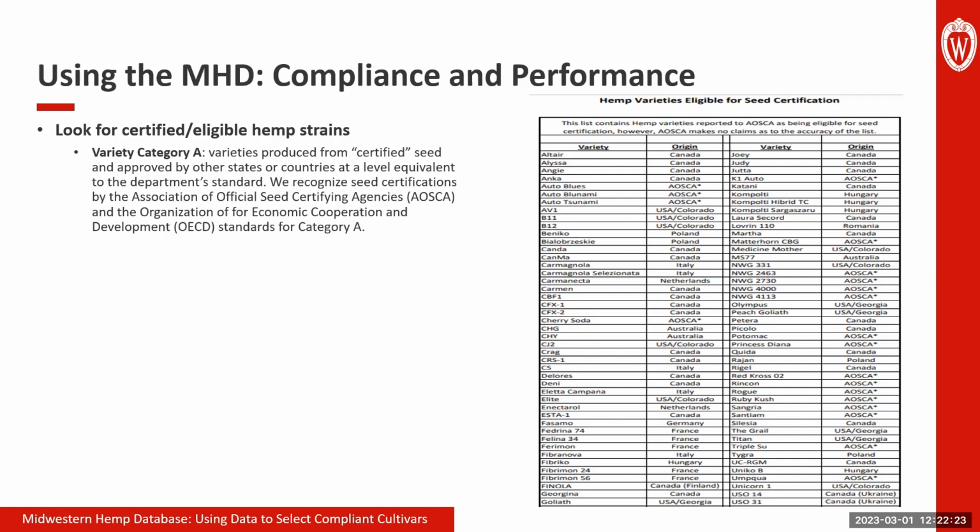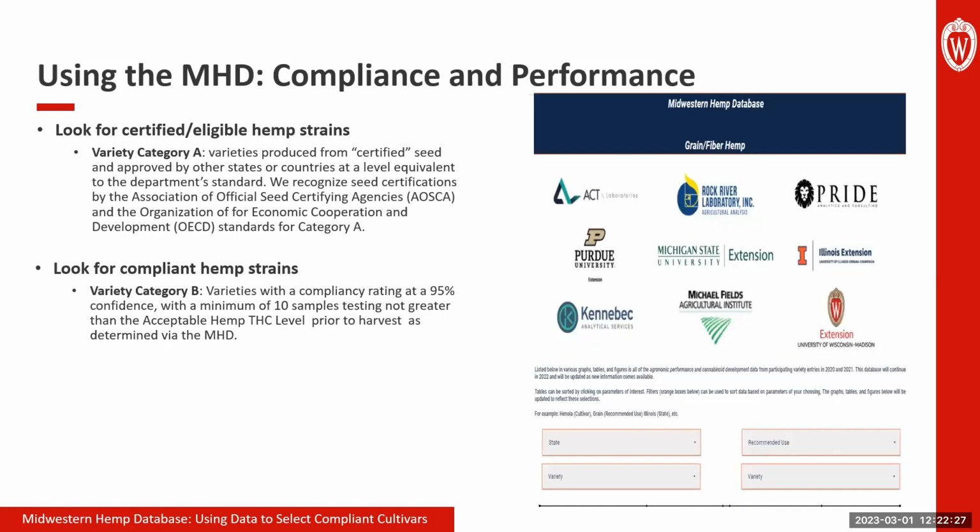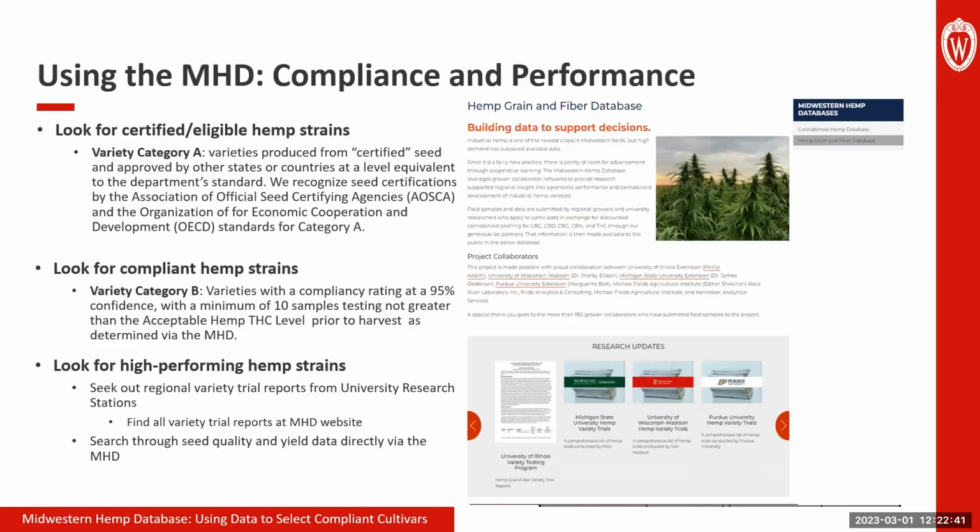The problem with certified hemp seed is it does not take into account cannabinoid development. And so this is where the hemp database is very useful, to couple this seed certification with performance via our trials. Look for things that are certified and going to perform well, then look to see if they're compliant based off of our data. And last but not least, look for high-performing hemp strains using each of your regional variety trials.